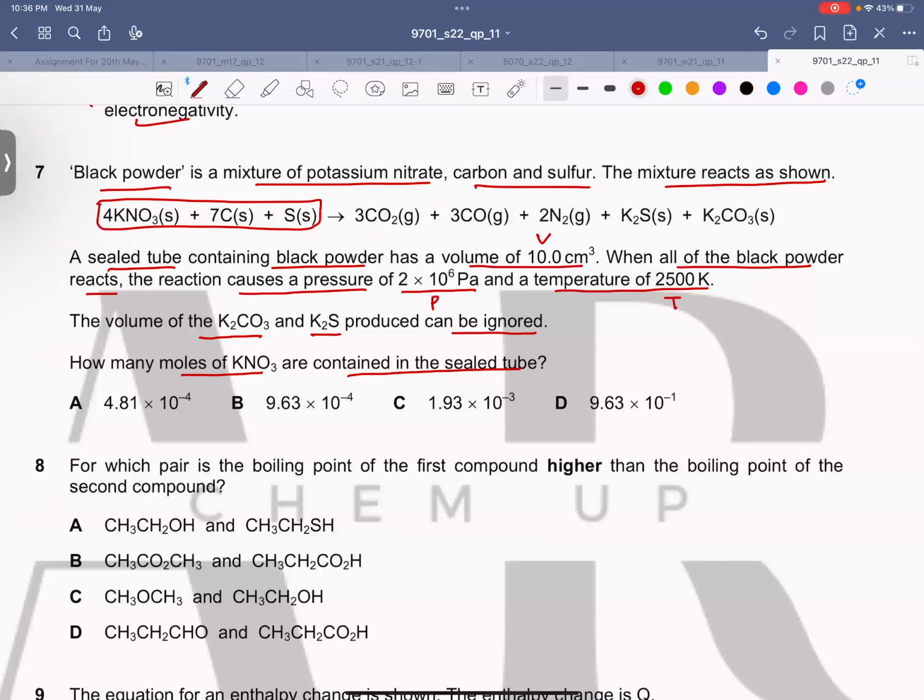It will help us find the moles of gases formed, and if you see over here, there are 7 moles of gases. If I relate these 7 moles of gases with the potassium nitrate, the ratio would be 4:7 or 7:4. To find the number of moles, what do we do?